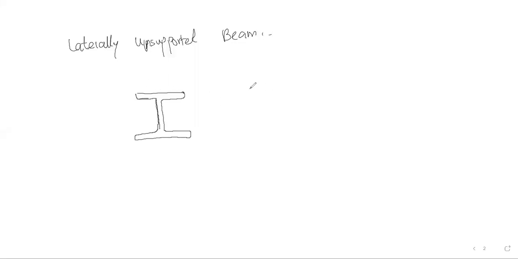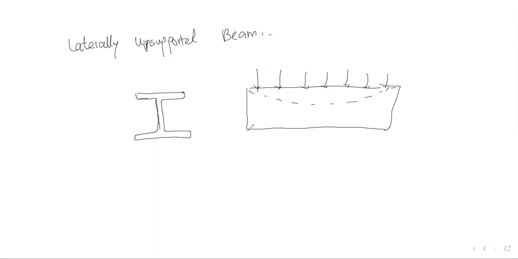Whatever the load is, it is going to act as it is. There is no compression flange inside or something. Because of this we can have vertical displacement as well as horizontal displacement.